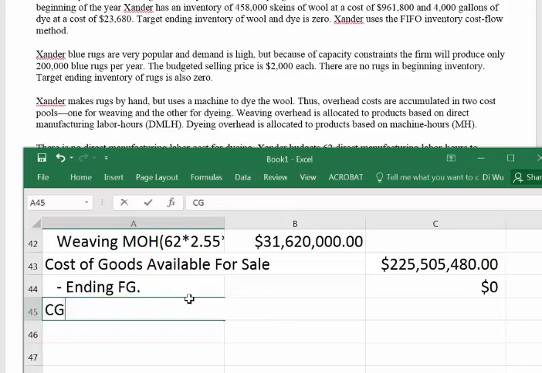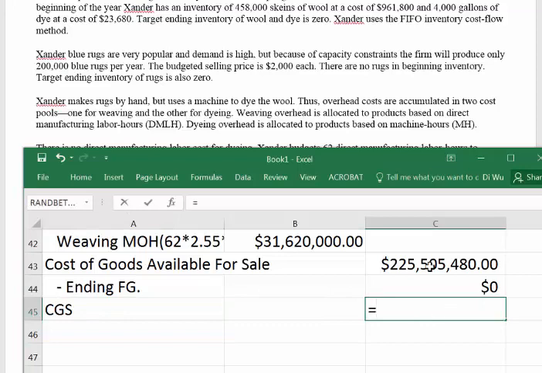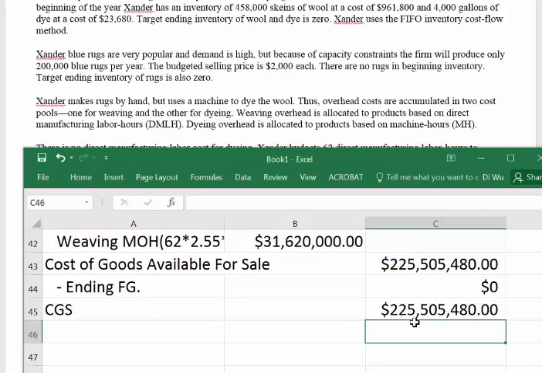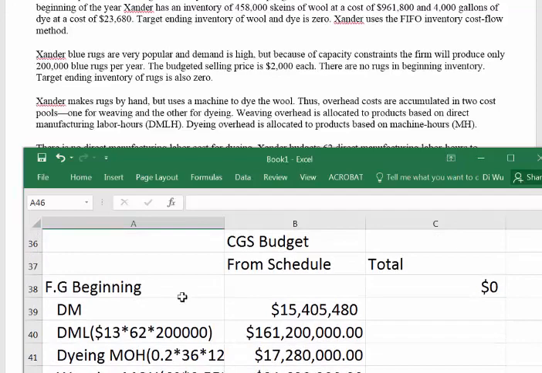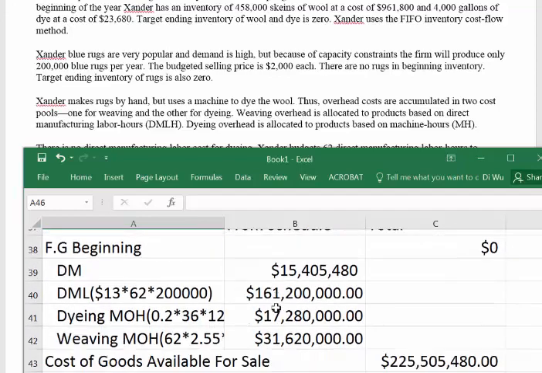Therefore, the CGS is going to be the difference between these two numbers, which is an easy result. So you are going to have a CGS of $225,505,480. That's for when you have 200,000 units in sales.